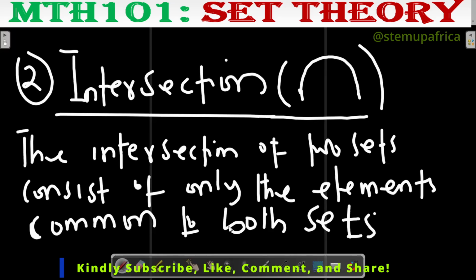Only the elements common to both sets. That's what I mean by intersection. Only the elements common to both sets.